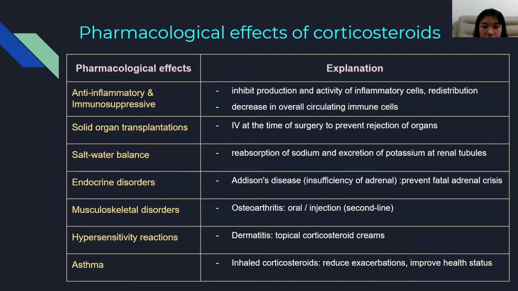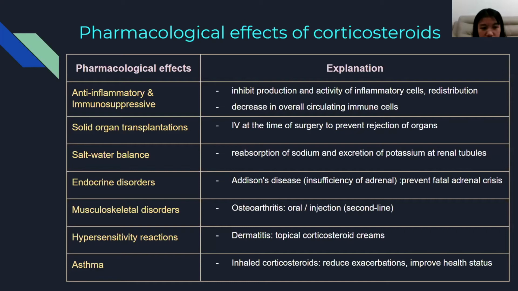Thus, the inflammatory cells will decrease in numbers and will suppress the inflammation and immune system response. And this is very important in solid organ transplantation so that the organ will not be rejected by the body, by administering corticosteroids through IV at high doses at the time of surgery.